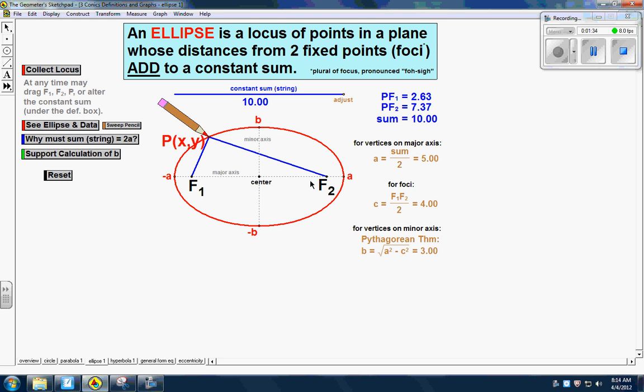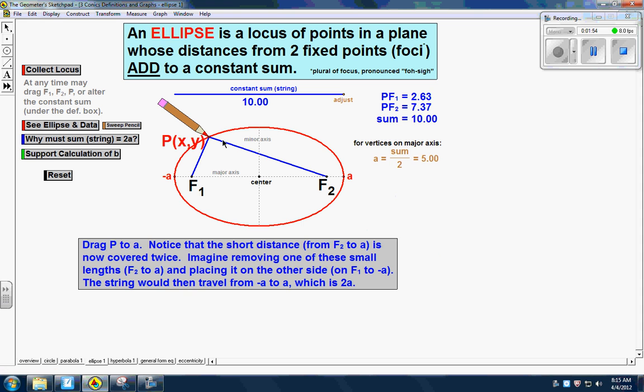We can see that A is always our major axis, so it's the sum of the two strings divided by 2, which should be 5. So if we have a string of 10, that means this A from the center out to here, center out to here should each be 5, or the total sum of 10. Here's why the string's got to be 2 times A, or the major axis.